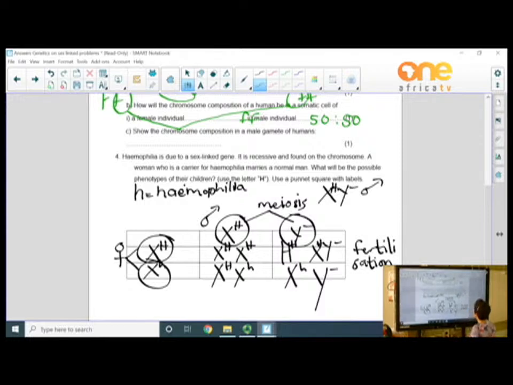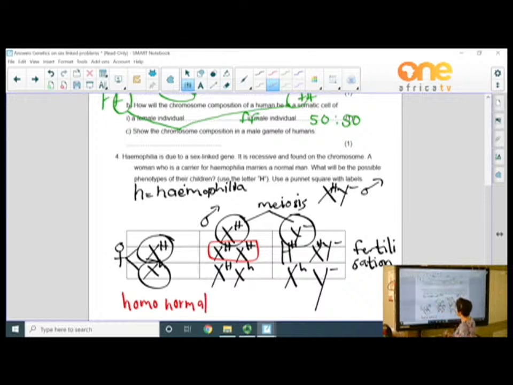What will be the possible phenotypes of their children? So their children will have, there, we have a homozygous normal child.